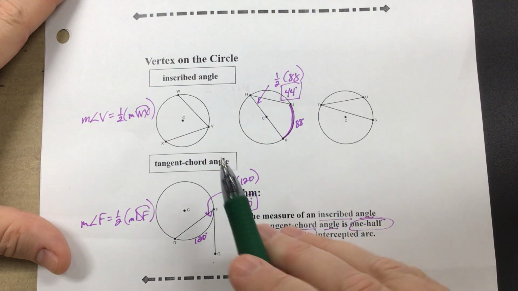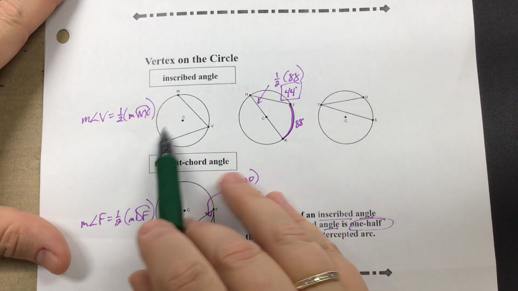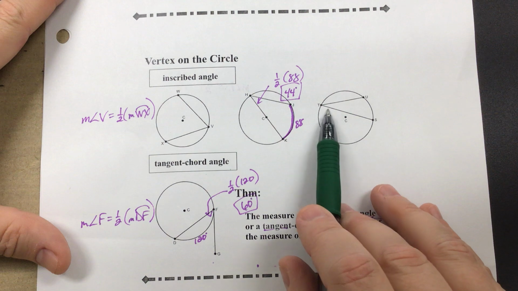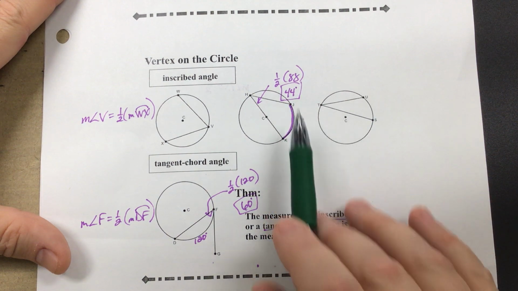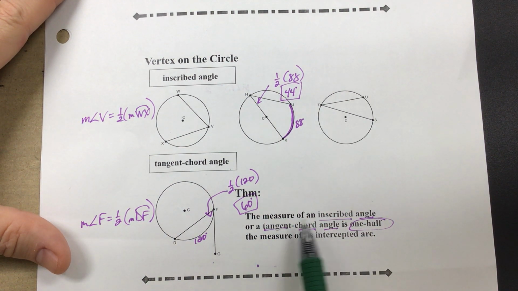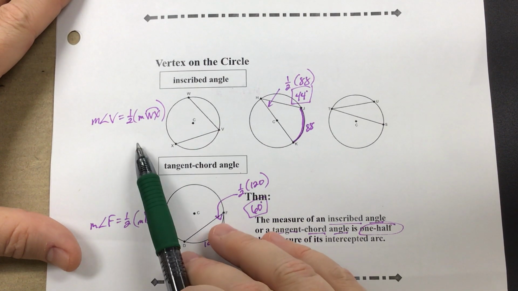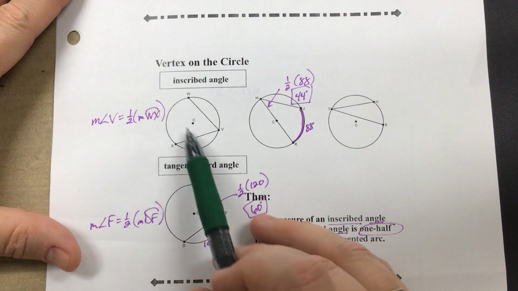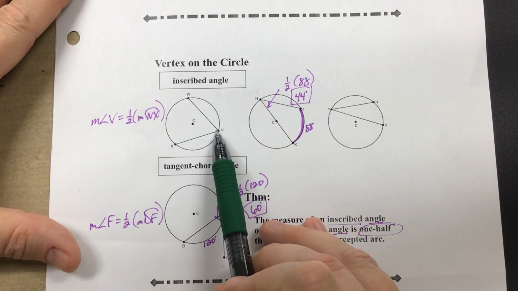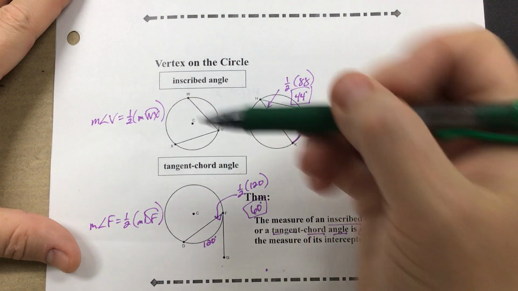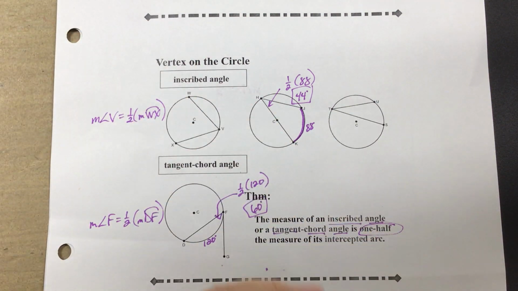The measure of an inscribed angle, which would be like any of these cases where the vertex is on the circle and the sides are chords, or a tangent chord angle like we see down here, for either type, to find the measure of the angle, it's half the measure of its intercepted arc. So for example, in this picture here, angle V, the vertex is on the circle. It's half of, again, the intercepted arc.